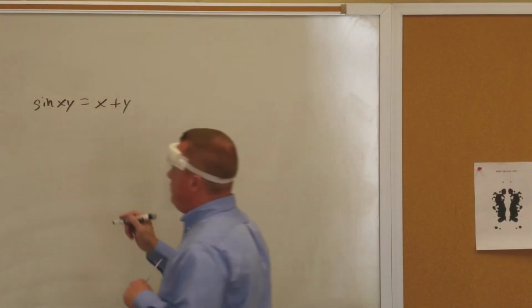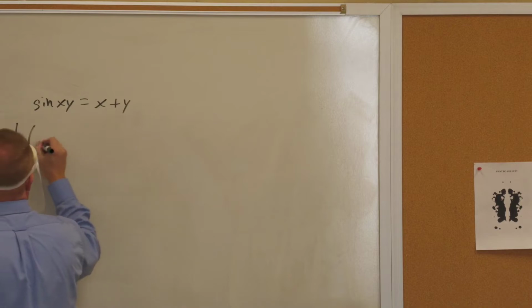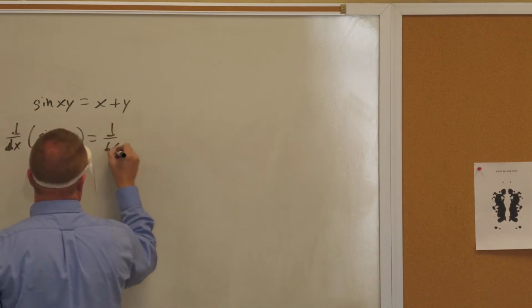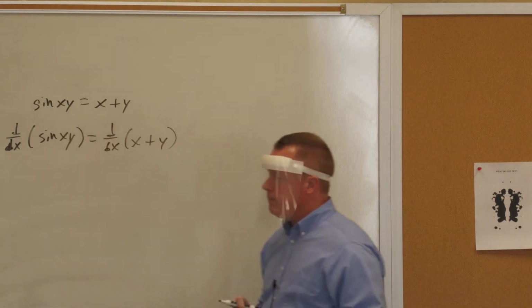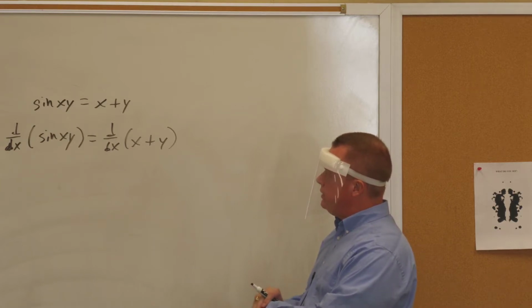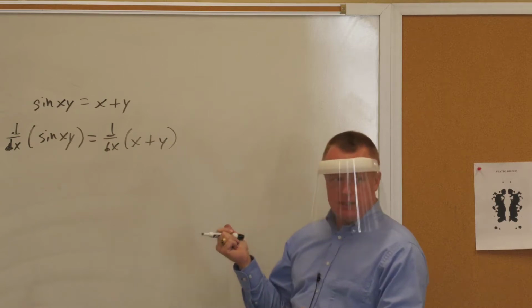All right, so we'll take the derivative of both sides with respect to x. So on the left side, the derivative of sine xy. What is the derivative of sine? Cosine.